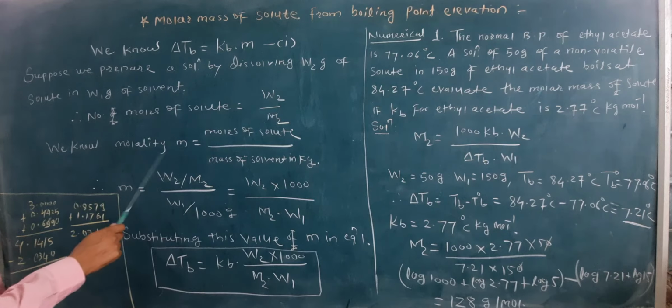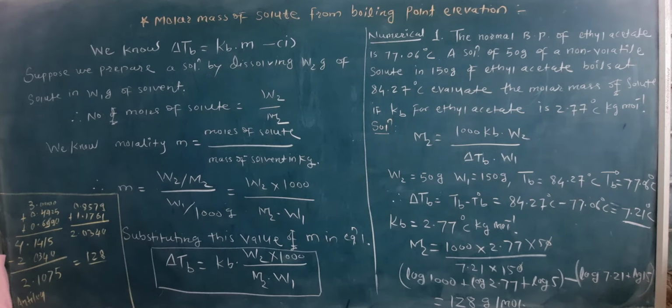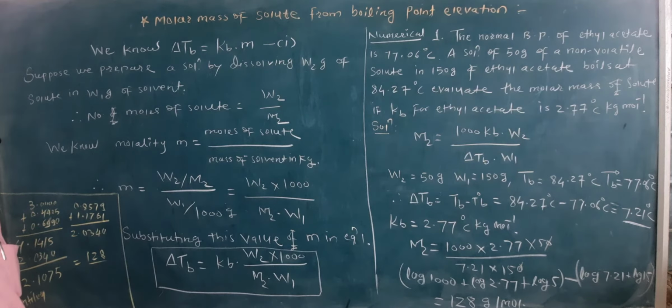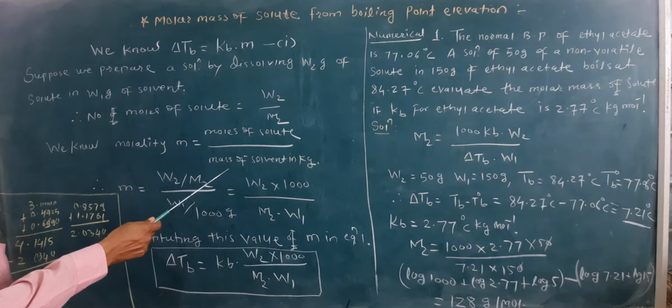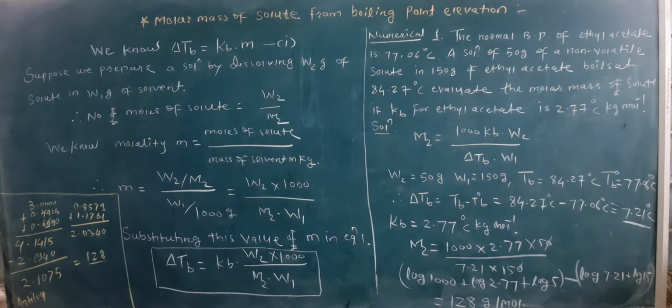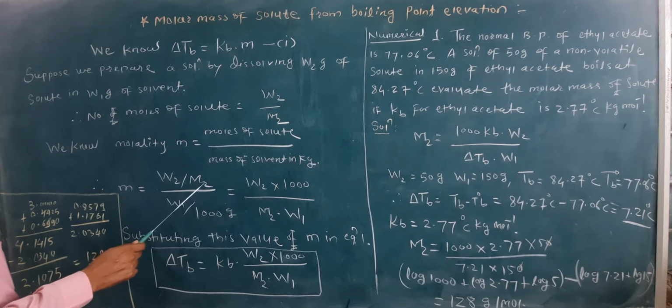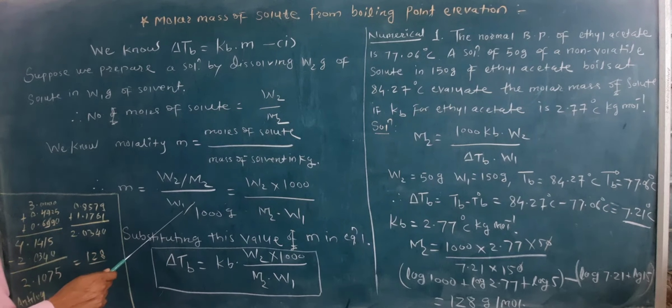And we know molality is moles of solute per kg of solvent. So we write moles of solute W2 upon M2, mass of solvent in kg W1 upon 1000 grams, since it is taken in grams we write 1000.